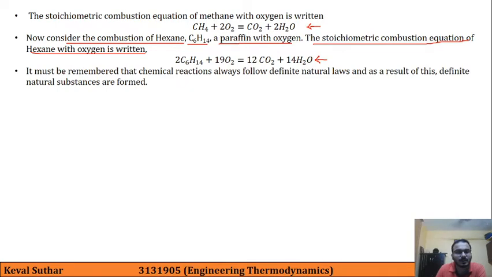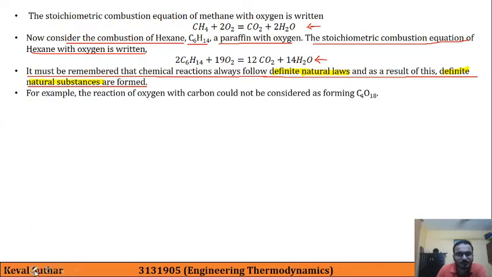It must be remembered that chemical reactions always follow definite natural laws, and as a result of this, definite natural substances are formed. So it is not that we can simply adjust anything mathematically over here, but it follows a particular natural law, which provides us definite natural substances.